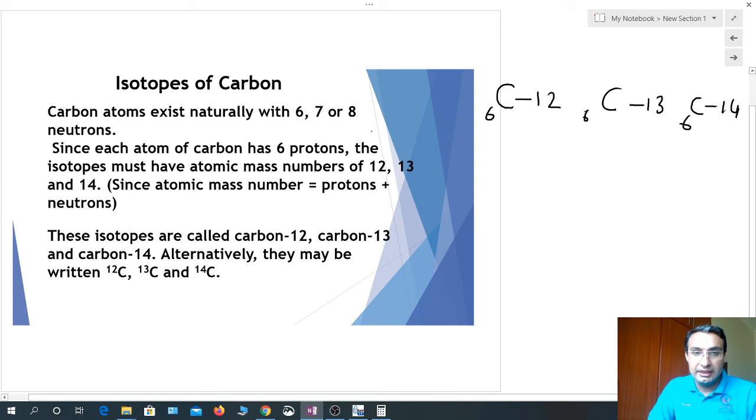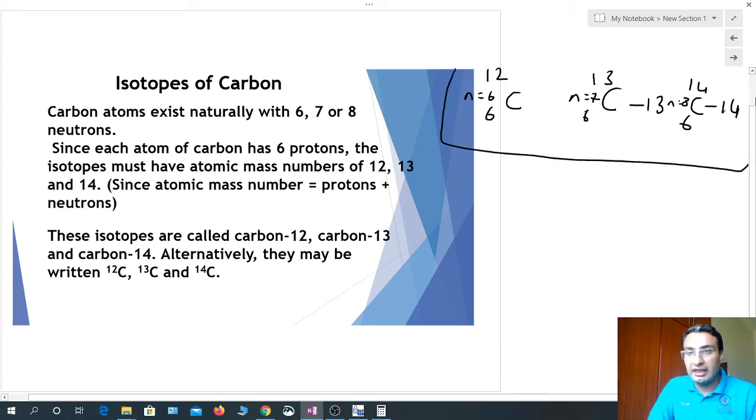So one of them has 12 atomic mass, another one has 13, and the other has 14. So what makes them different? Of course, having a different number of neutrons. Here the number of neutrons is 6, here 7, here 8. So these are the isotopes of carbon.